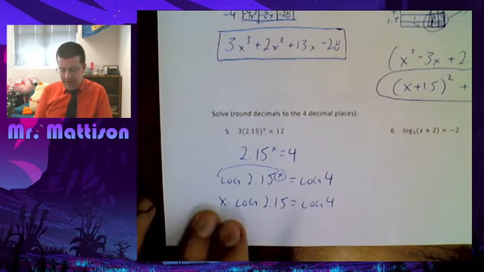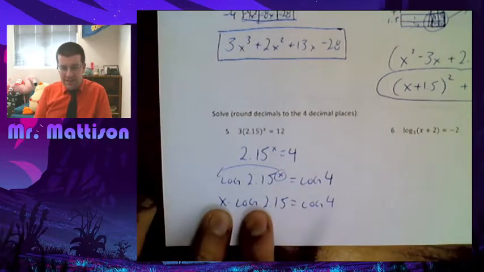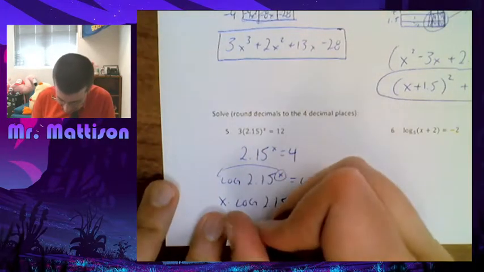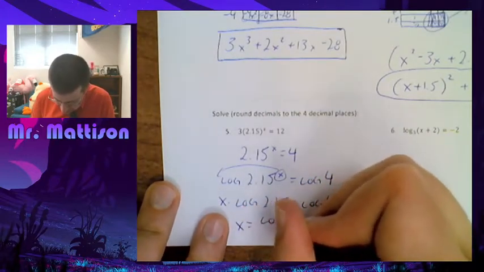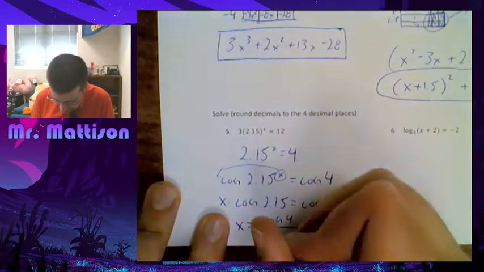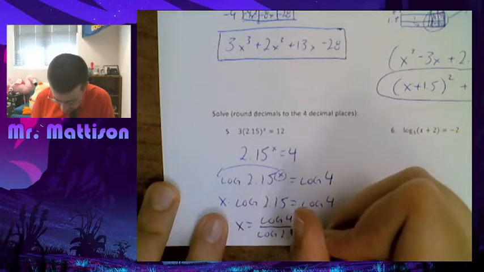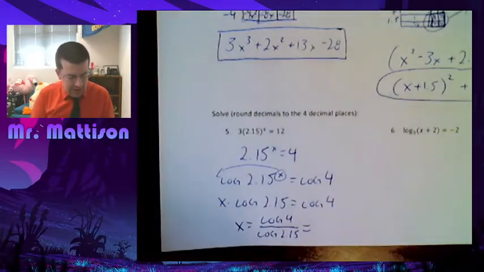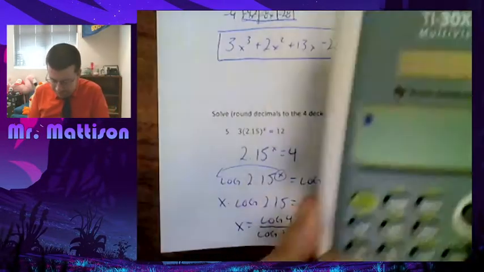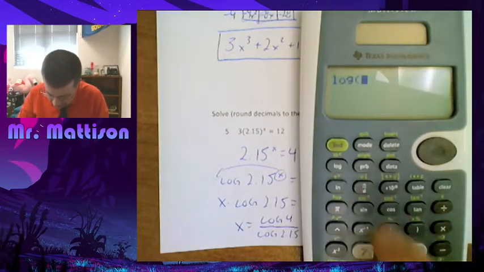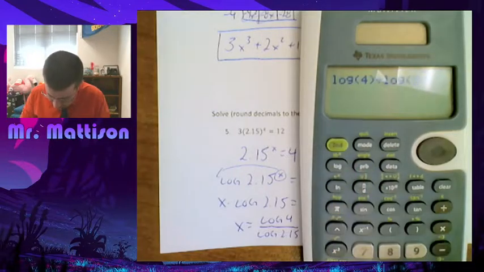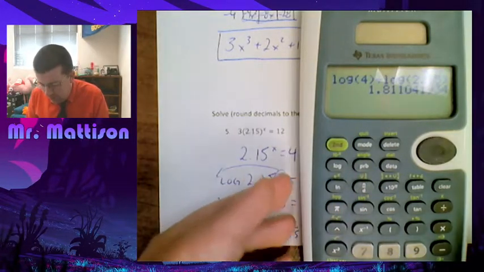Well, now x is by itself other than this, so let's just divide that off. And I get that x is equal to the log of 4 divided by the log of 2.15, which, if we go to our calculator for that one, log of 4 divided by log of 2.15, and we get 1.8110.